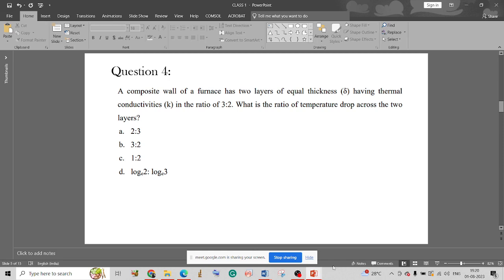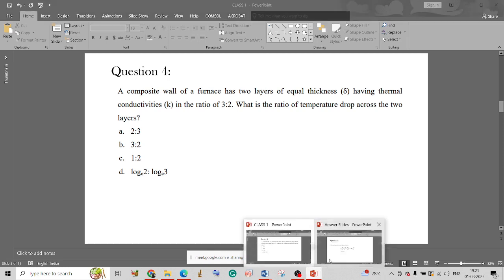Or is anyone else solving? If anyone is solving, you may interrupt me or I'll move towards the solution. Okay, so I'll move towards the solution now.